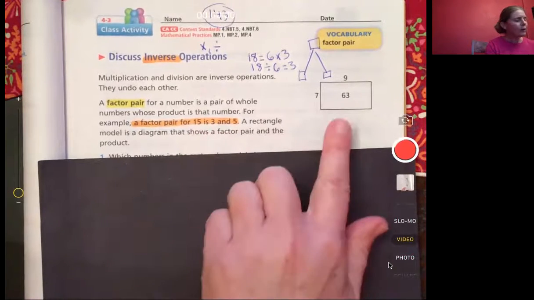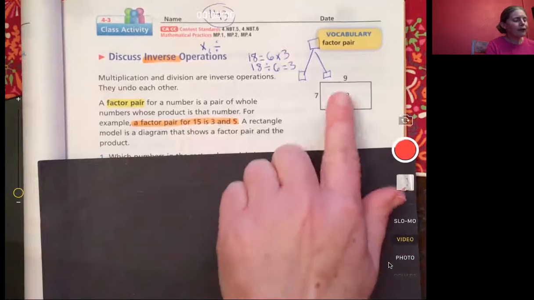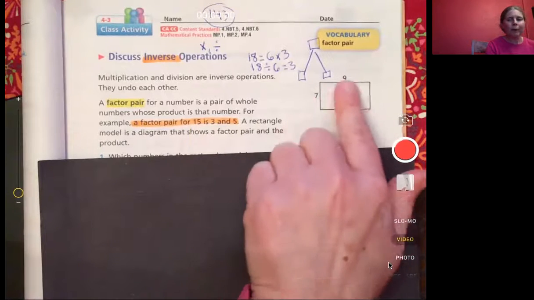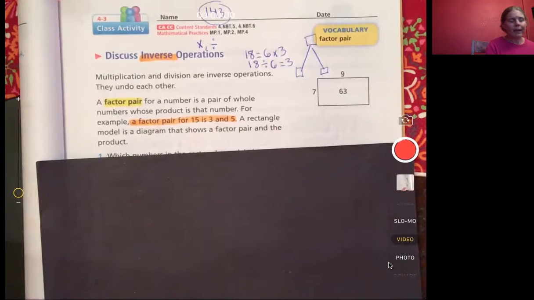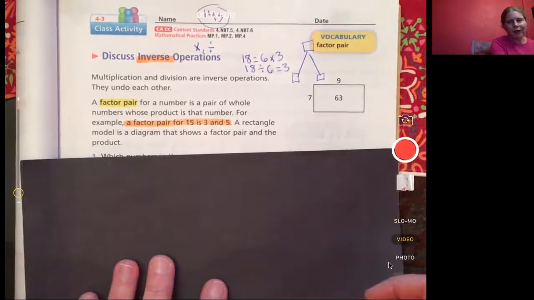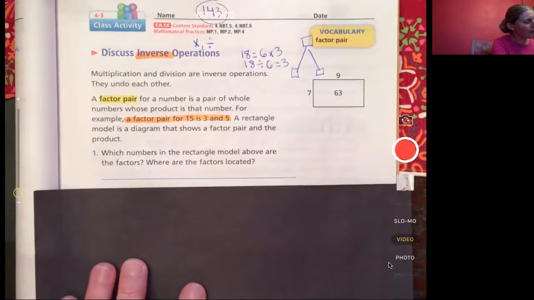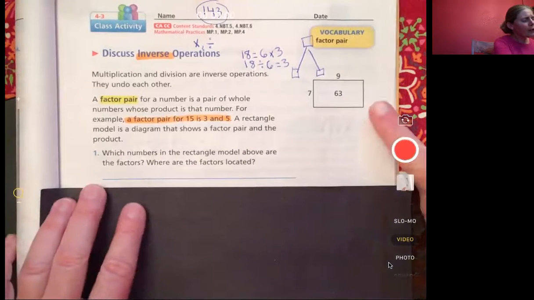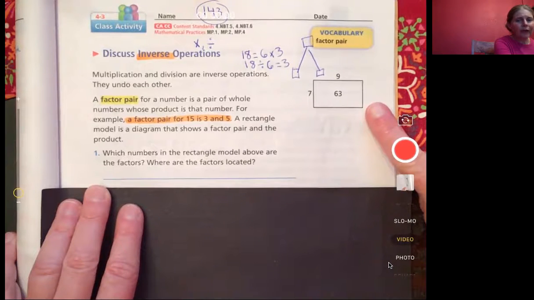Okay? So here's the rectangle model, and this shows another factor pair for a product. This should look super familiar to you, okay? Thinking about area, thinking about fast fact arrays. Okay, here we go. We're going to answer these questions. Using the rectangle model, which numbers above are the factors and where are they located?